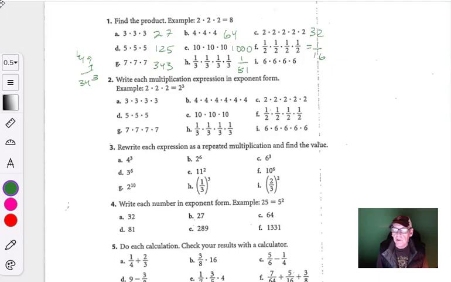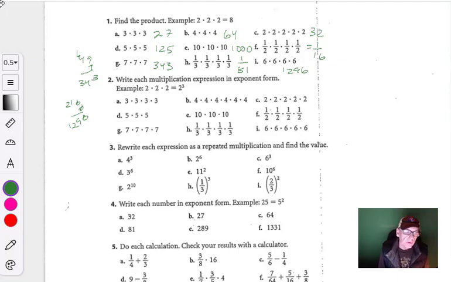And then 6 times 6 is 36, times 6 is 216, times 6 gives us 1296. That's what we get for those.